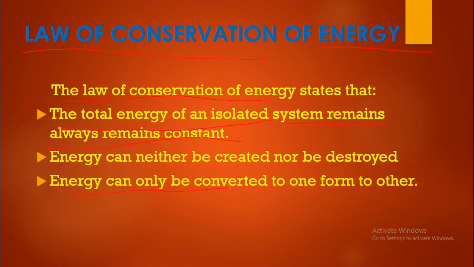Energy can only be converted from one form to another. Like in an electric cell, chemical energy is converted into electrical energy, and that electrical energy we can convert into light energy. So by this, energy can only be converted, and the law of conservation of energy is proved. So let's move ahead.